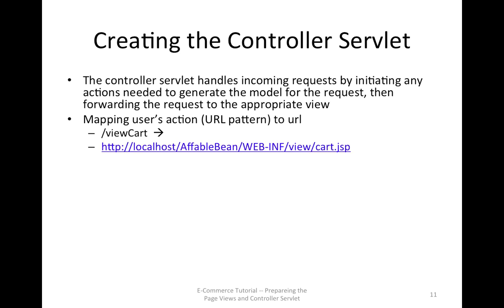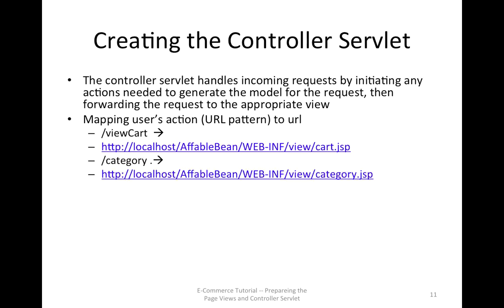For example, if the user's action is view cart, then the controller servlet should forward the request to the viewCart.jsp. If the user's action is to see the category, then it should be forwarded to the viewCategory.jsp.